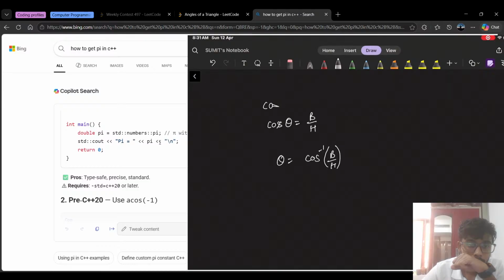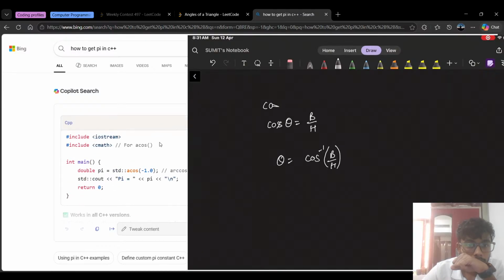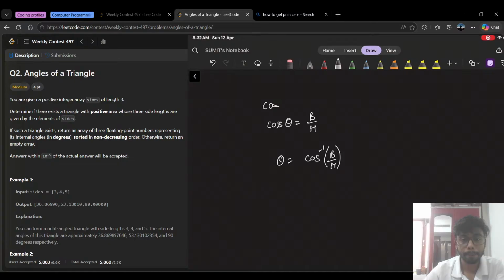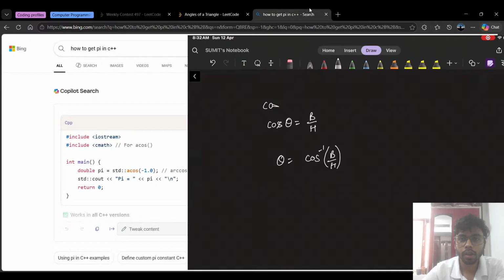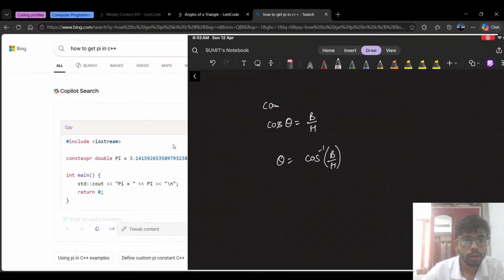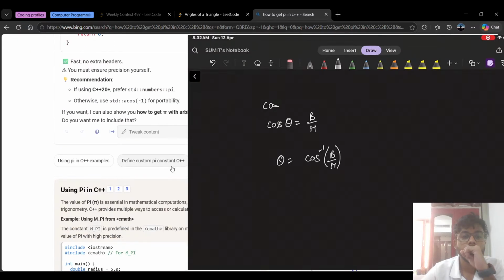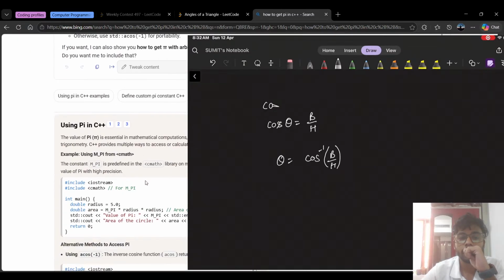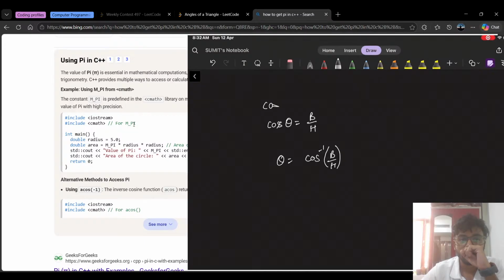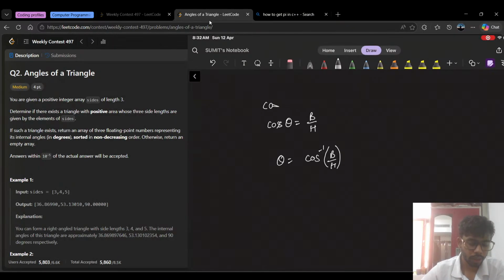In cmath we can use M_PI. Okay, so we can get it.